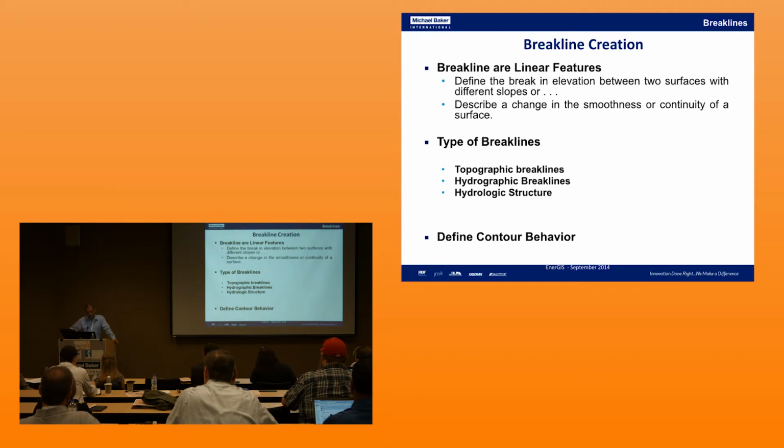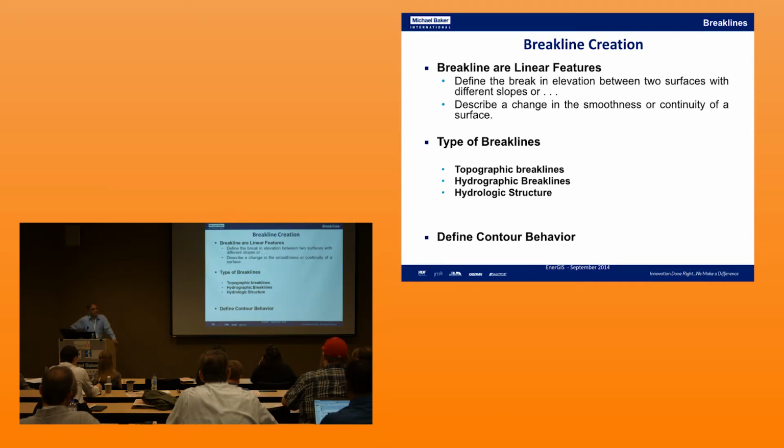Now, the next question is, what are the different types of breaklines we can collect? In an overall picture, you can think of three different kinds. One is the topographic breaklines, the other one is the hydrographic breaklines, and the third one is the hydrologic structures.